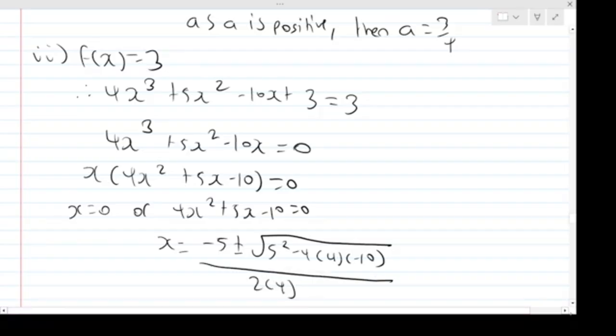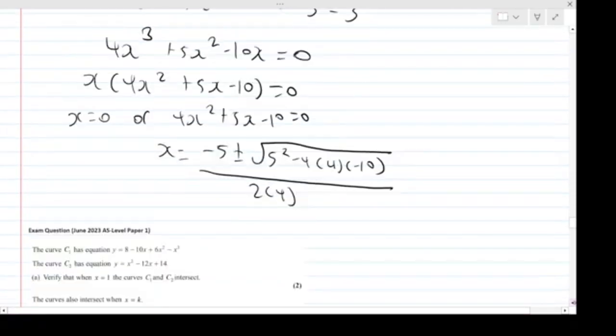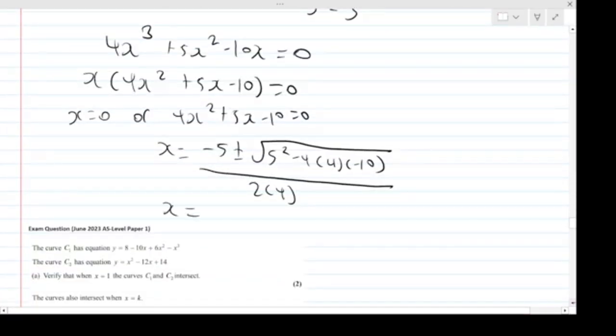And so the other solutions, if I do that, gets me x is, hang on a minute, 4x squared add 5x minus 10.